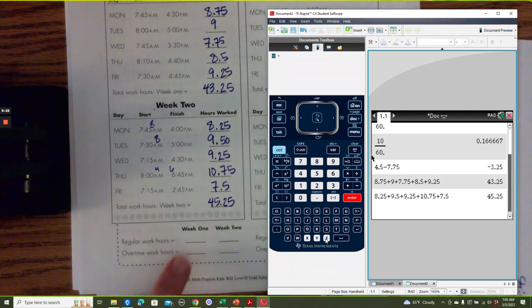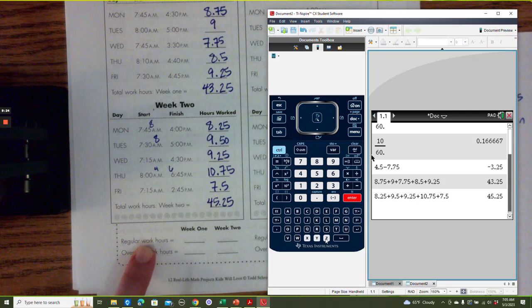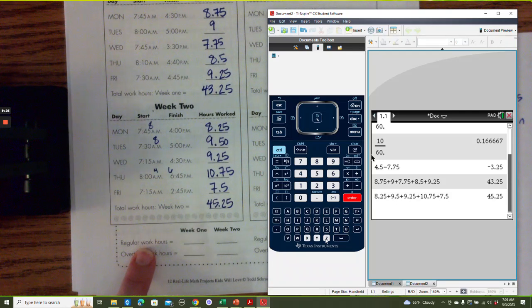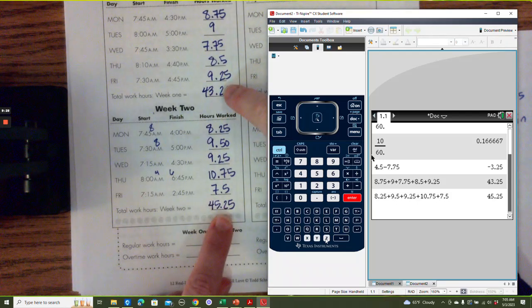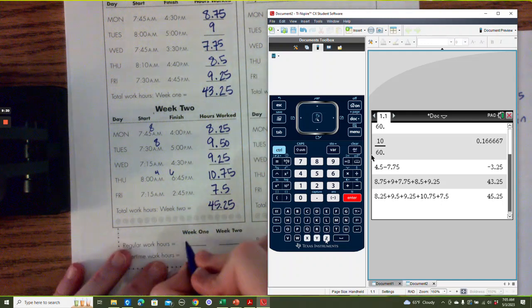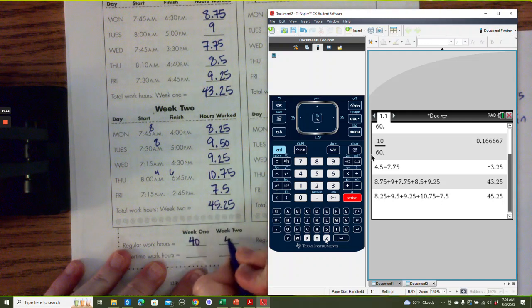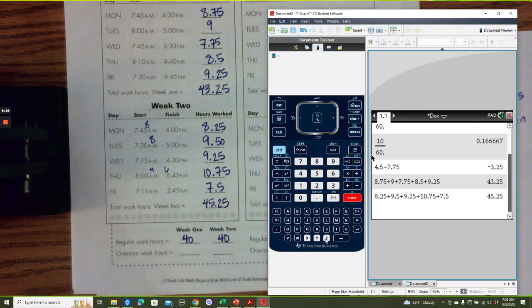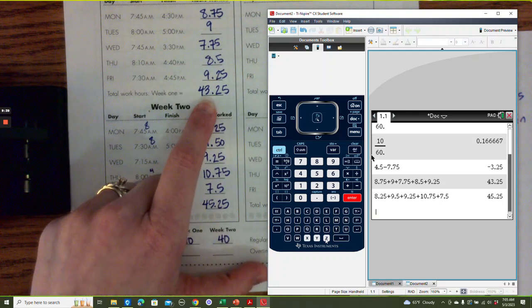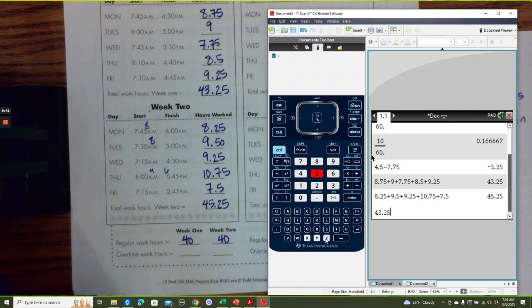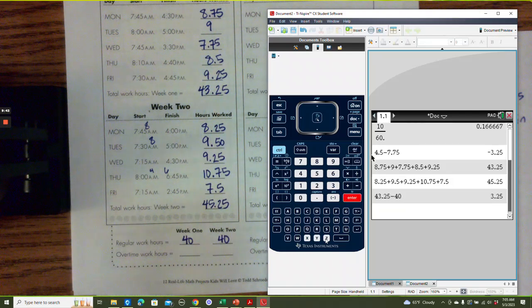Okay, so what you do down here at the bottom. Regular hours are 40 hours. Okay? He worked over 40 hours each week. Regular time is maximum 40. You have to cut it at 40. So if it goes over 40, you're going to take that amount and subtract 40.